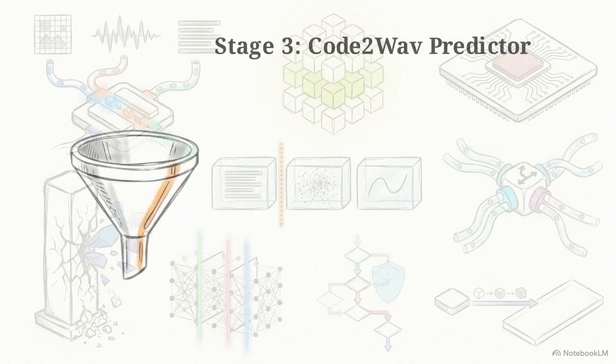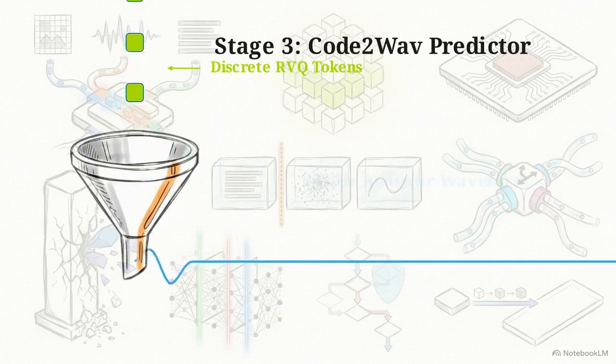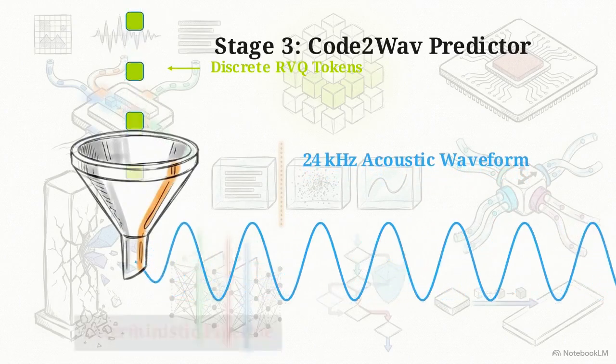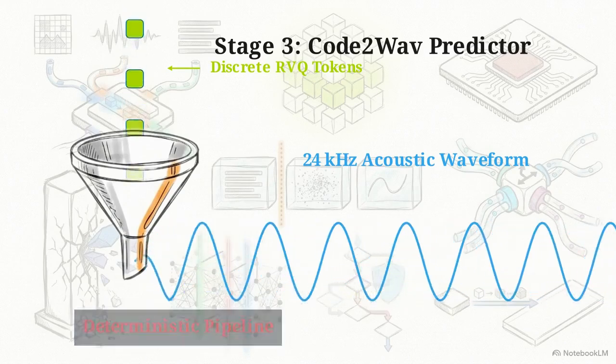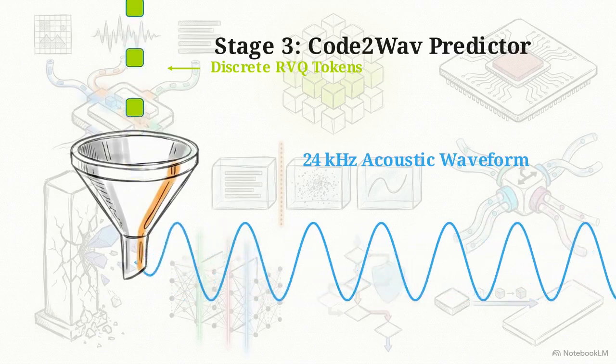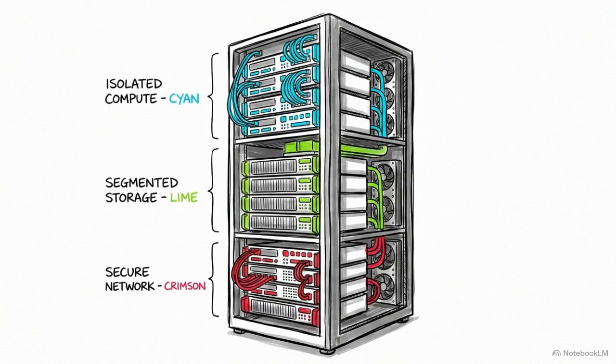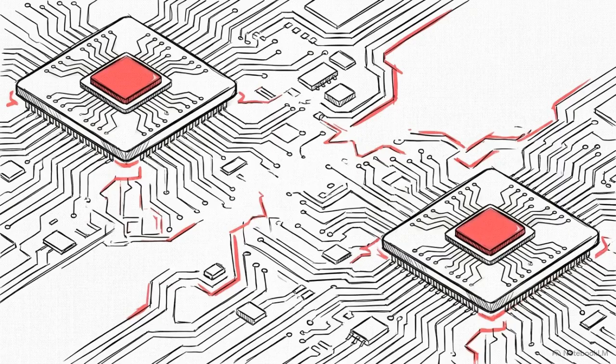In our Qwen-3 TTS pipeline, Stage 3 is the code-to-wave predictor. This component deterministically transforms the stream of codec tokens into a raw 24 kHz acoustic waveform. By isolating these functional stages, developers can independently optimize, partition, and scale each component according to its exact memory requirements and hardware constraints. But physically decoupling a model introduces a severe operational risk.